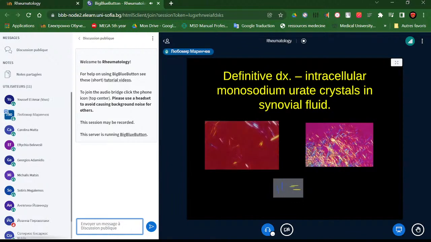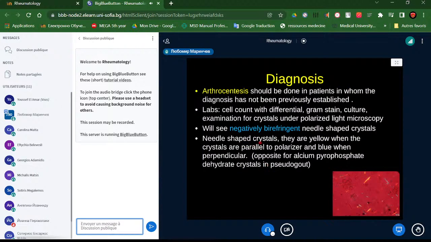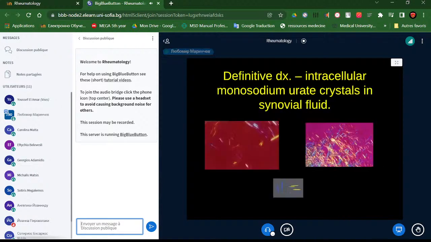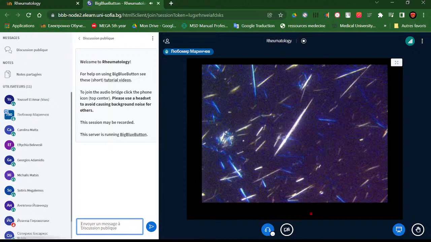You see here many crystals of monosodium urate. I said to you that they're negatively birefringent. And you see here the yellow picture when the polarizer is parallel, and the blue color of the crystal when it's perpendicular to the light. Here it's magnified, and here more magnified.